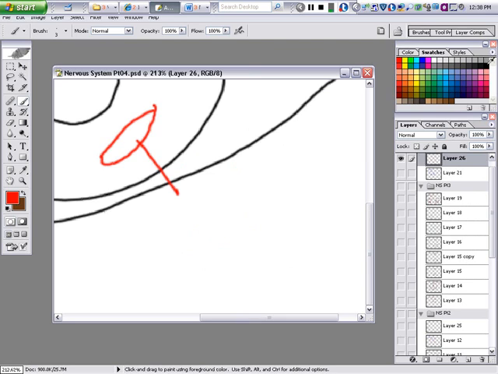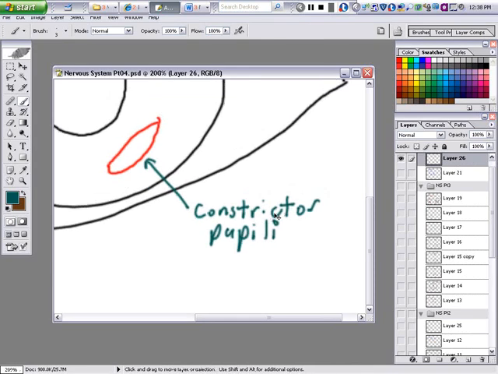So I'm going to point to it with this color. This muscle is a constrictor. This is the name of the muscle: pupillae. Okay.